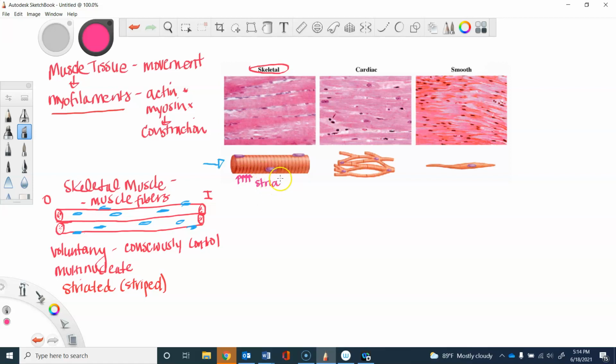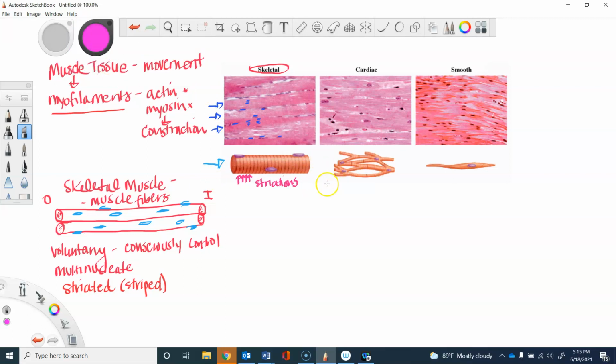Those are the striations. Okay, so those are the main characteristics of skeletal muscle. You can see it here. That's a skeletal muscle. There's a skeletal muscle. This is a slide of that, and these are the nuclei that are forced to the periphery of the cell. And then you can see that it looks striped there.